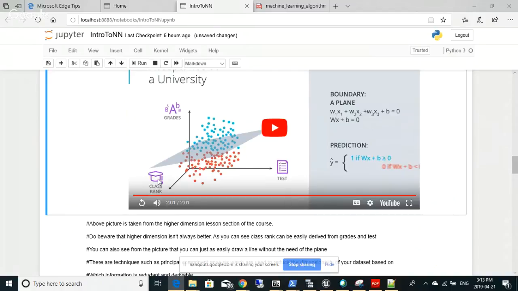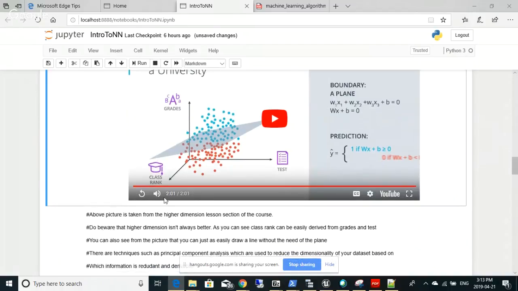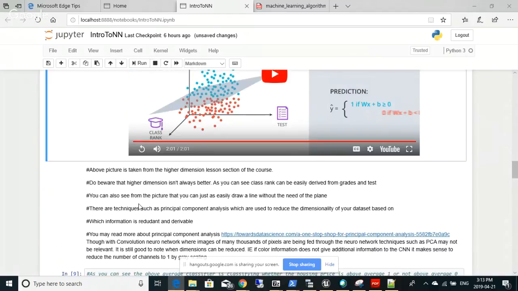The class rank doesn't really add any information to this data. You can bisect this without it being a plane, so you can reduce the number of dimensions and it still works very well. That saves you a lot of complexity and computation, and your algorithm will just work better.